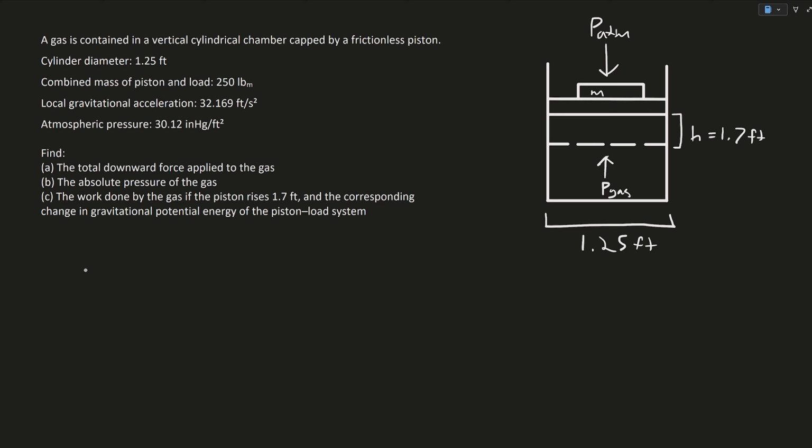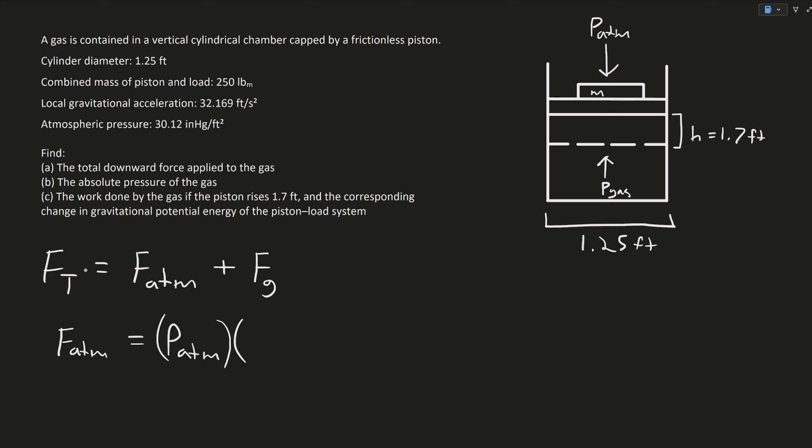So the first thing that we're asked to find is the total downward force applied to the gas. So this total force is going to be equal to the force of the atmosphere pushing down on it plus the force of the gravity, which is acting on the piston and the load. First, we'll find the force of the atmosphere, which is equivalent to the pressure of the atmosphere times the area of the piston.